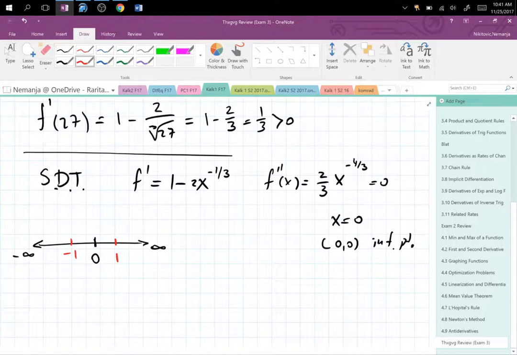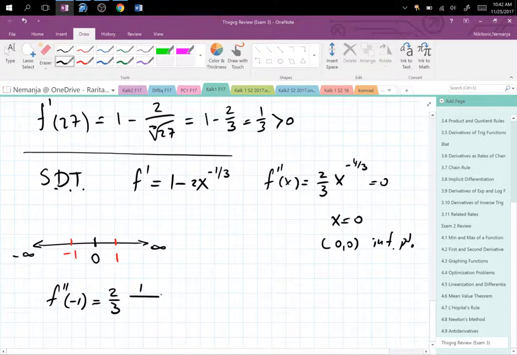Now, what you see, guys, is that you have this fourth power, and a fourth power makes everything positive. So your second derivative computed at -1 is 2/3 times 1 over (-1) raised to the 4/3. You see, the cube root is going to preserve whatever sign you plug in, but the fourth degree will make it always positive.